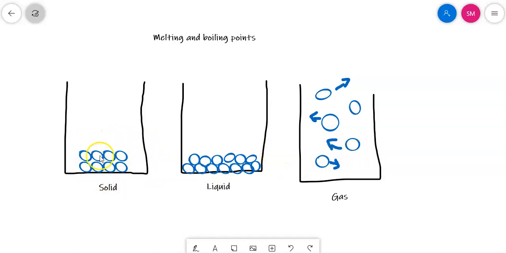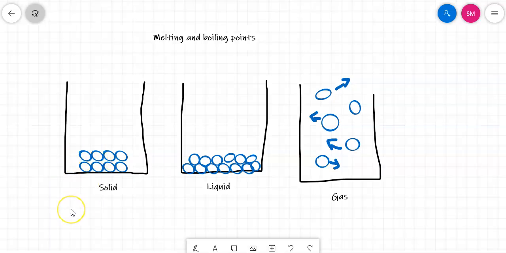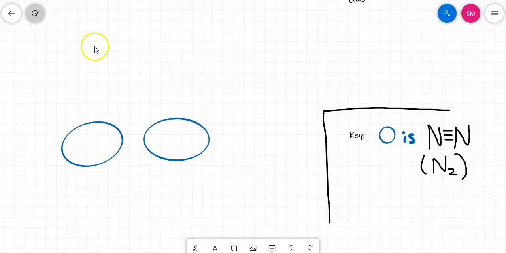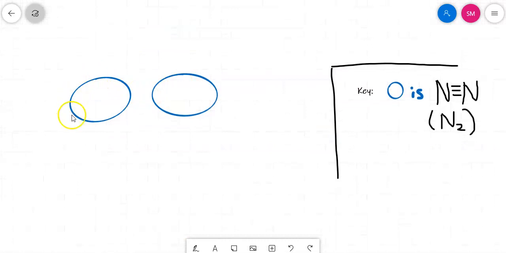So in molecules, they have relatively low melting and boiling points, which indicates that the strength of the bonds between these particles is weak, and we will have a look further into that. So if we look closer at each of these particles, we'll make the assumption that what each of these circles represents here is a nitrogen molecule.